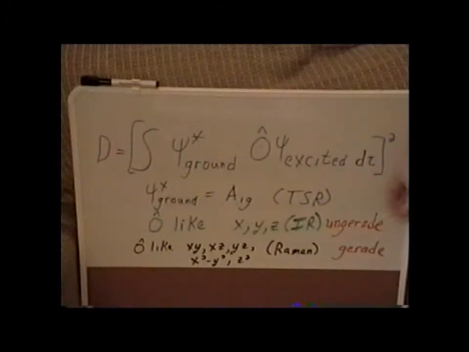So the operator for infrared is ungerade, and the operator for Raman is gerade. To save having to write out gerade and ungerade, we very frequently abbreviate gerade as g and ungerade as u. And this is another example where in learning chemistry and group theory, we will improve our knowledge of the German language.